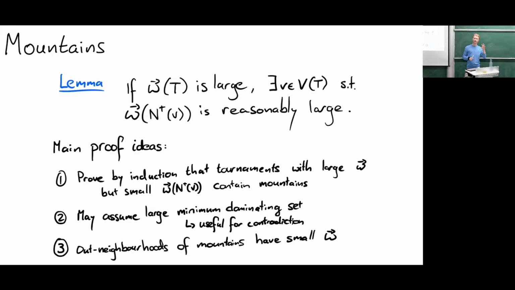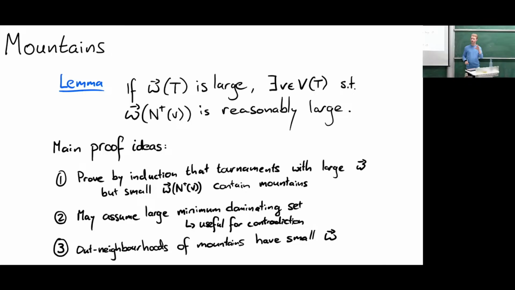And also, if you have a mountain, because it's bounded size, you can just by recursion find an upper bound on the size of these mountains. Their out neighborhoods have bounded dichromatic number. Just take the number of vertices and multiply this by the bound for the dichromatic number of the out neighborhood of a single vertex.